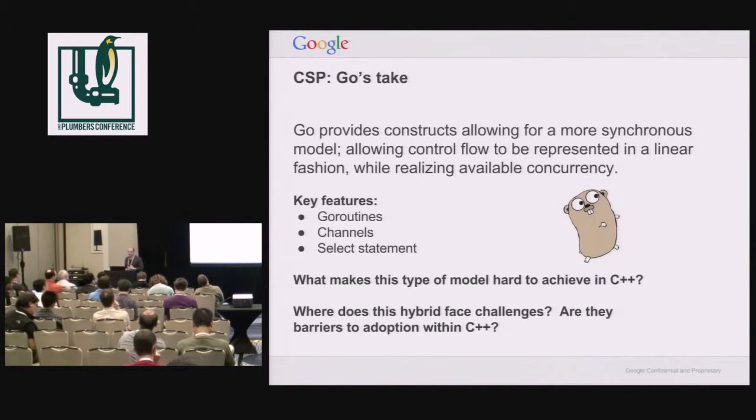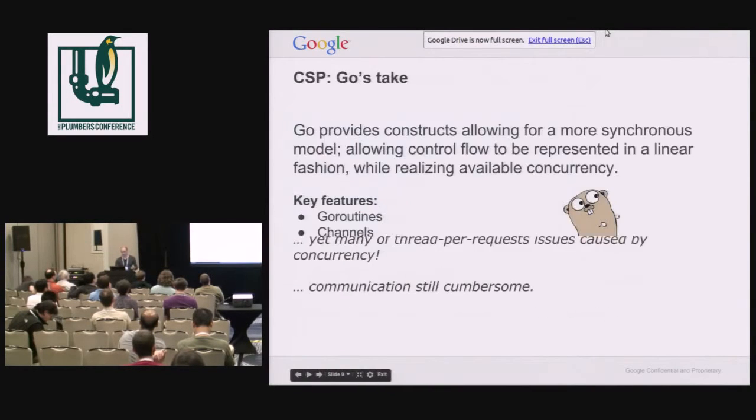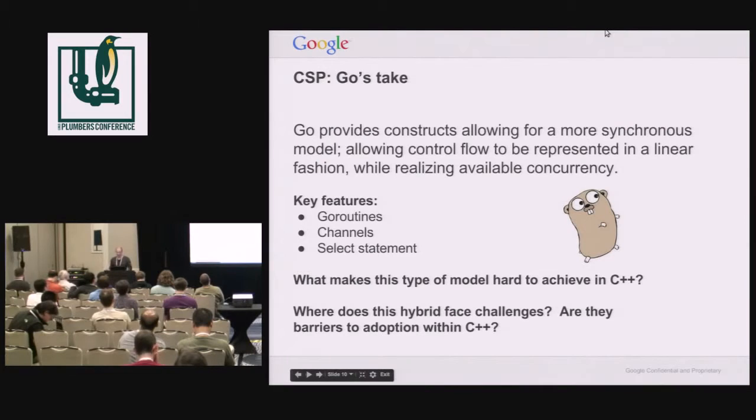They have channels, where the key thing when you pass data across a channel is you're passing ownership of that data. So now you don't have to worry about those lifetime issues we had with the asynchronous callbacks. You have synchronous operations acting on objects they own. And then you have some other nice things like select, which lets you multiplex. Windows has something for this with wait for many. We don't have a good analog in Linux.